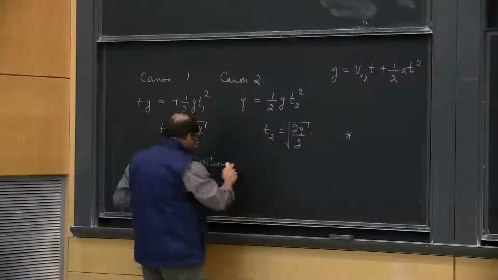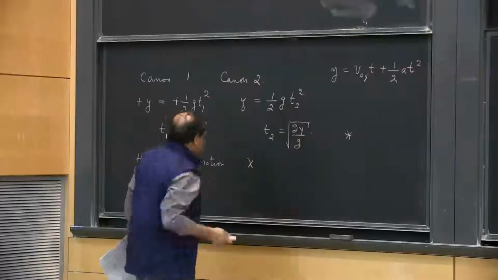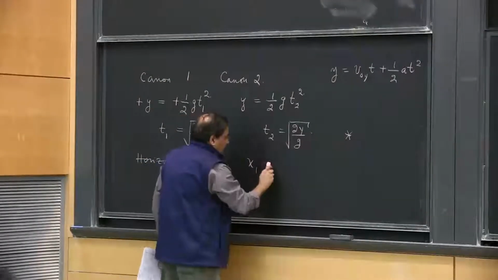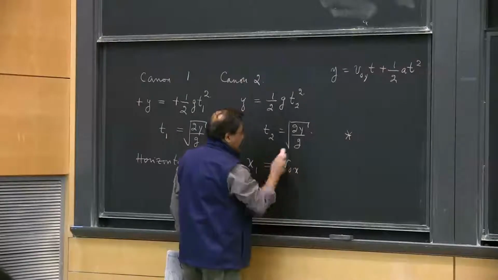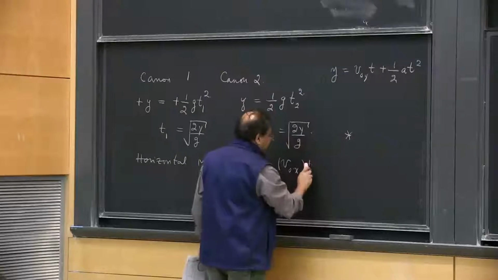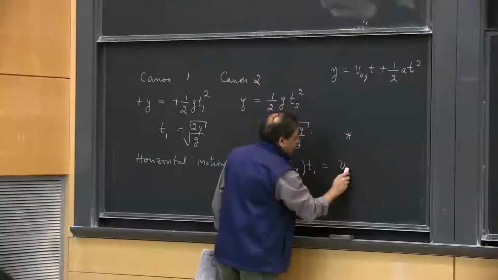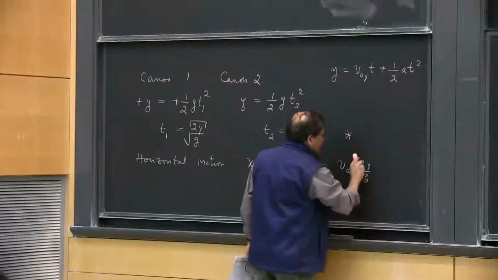So as far as the first guy is concerned, let's call it x1, that's the horizontal distance traveled by the first cannon. So that will be v0x times t1. So therefore this would be v0 times square root of 2y over g.